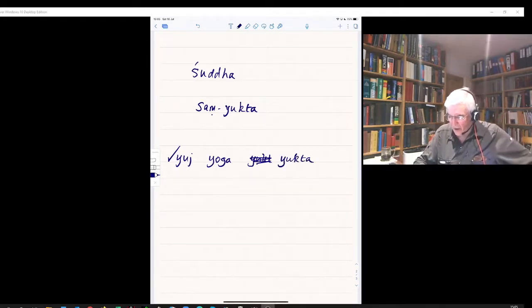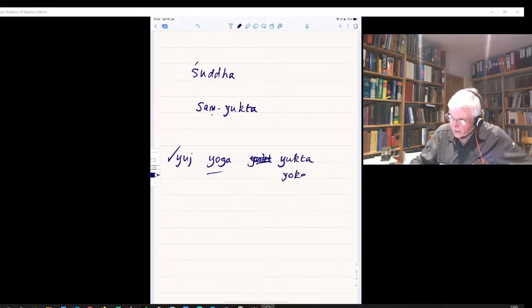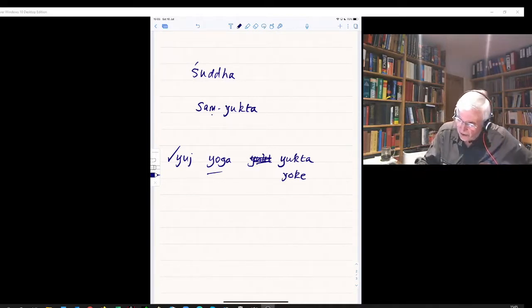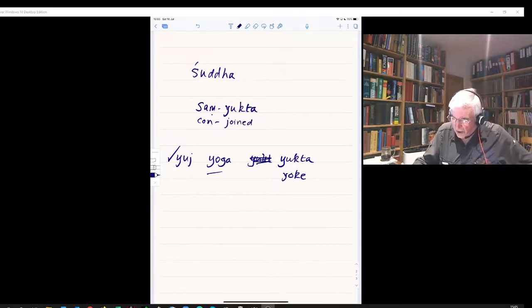So yoga we have. Our English word yoke, the yoking of the oxen, the binding together. Samyukta means con. Sam is cognate with con, conjoined. So yukta, in Latin, jungere, junction. In our modern English, via French, joindre, we get joined. So samyukta and conjoined are etymologically the same word.